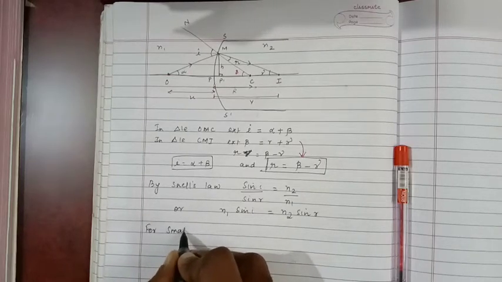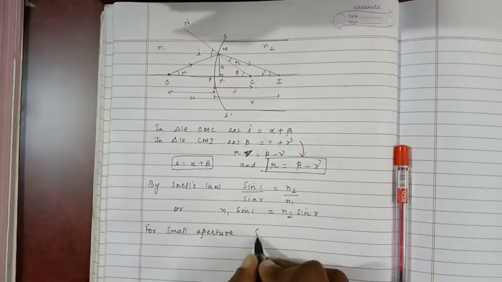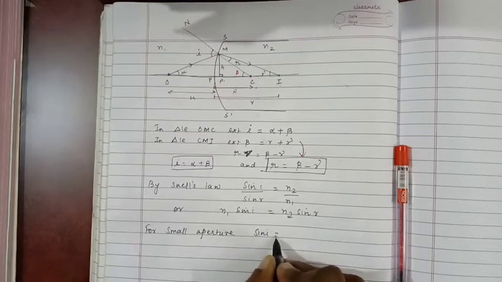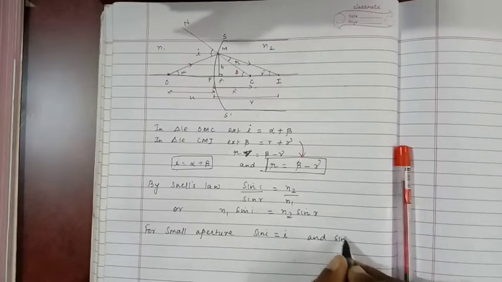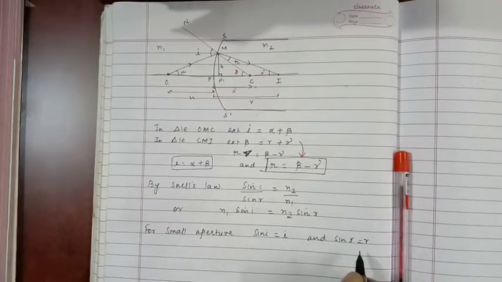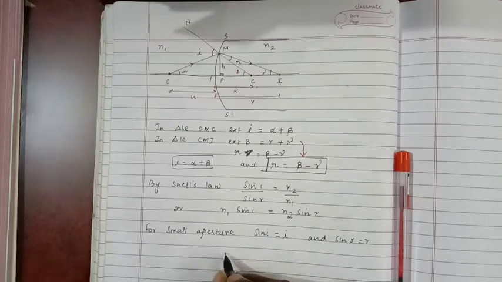Am I right? In the assumptions I told, small aperture, sin I can be equal to I and sin R will be equal to R. So this equation becomes, so what do we have?